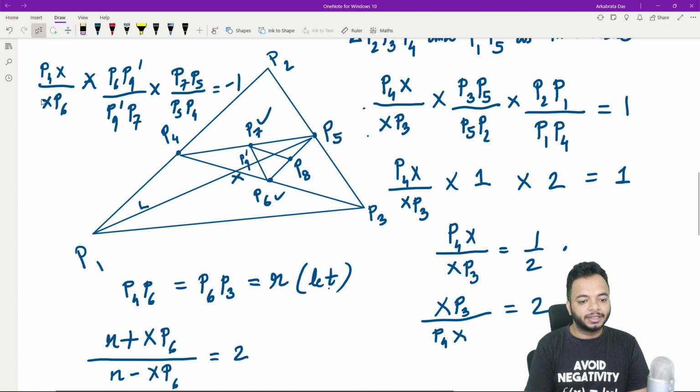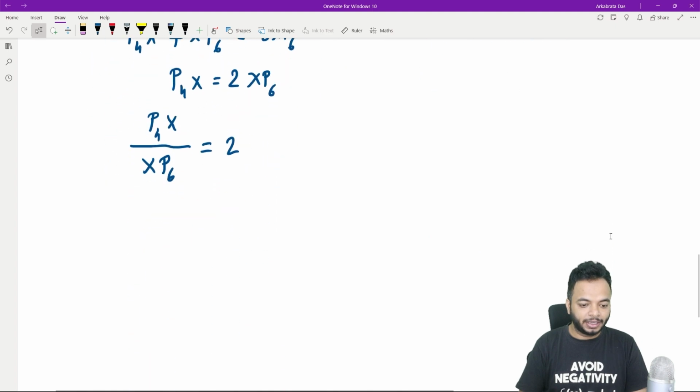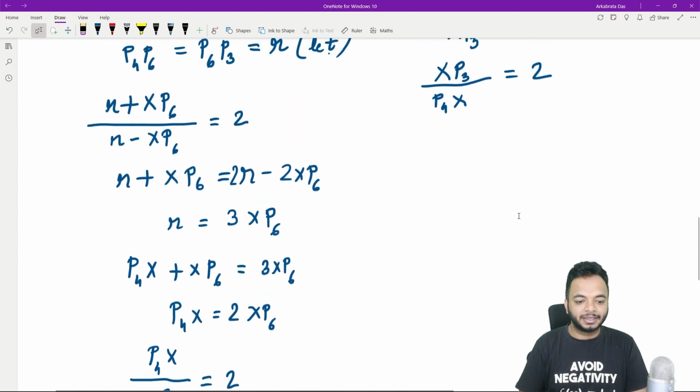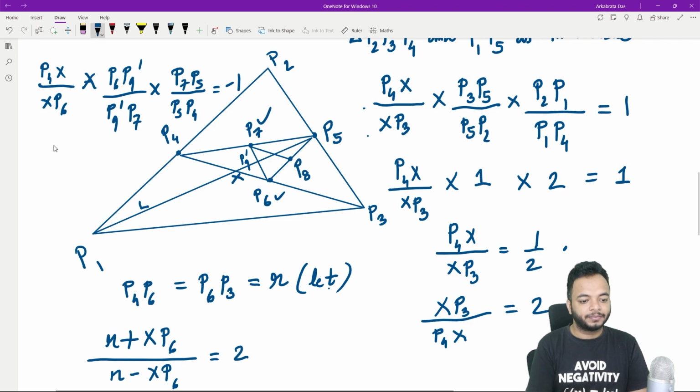And then P4x by x P6, that is equal to 2, times P6 P9 dash divided by P9 dash P7, times this ratio.